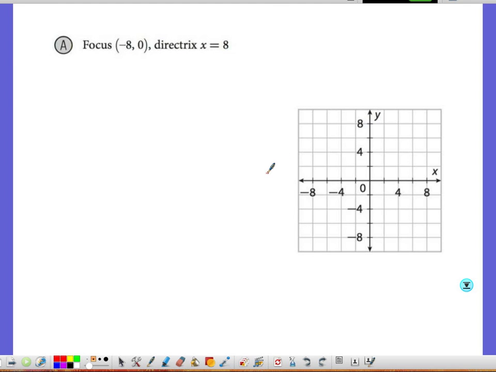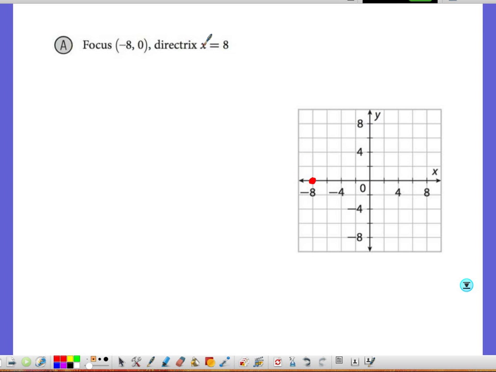Alright, now what we want to do is use this information to find the equation of the parabola. So the first thing we want to do is find the focus. This is the coordinate right here, so basic geometry: (-8, 0), which is right here.